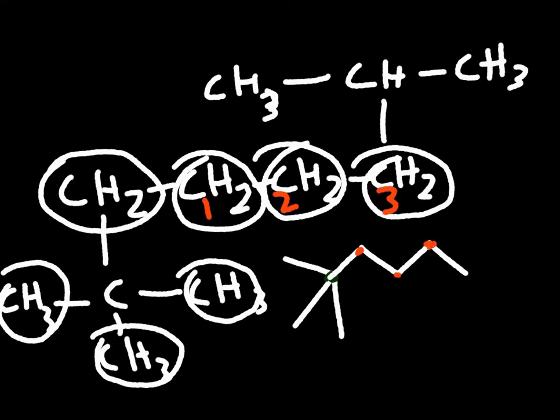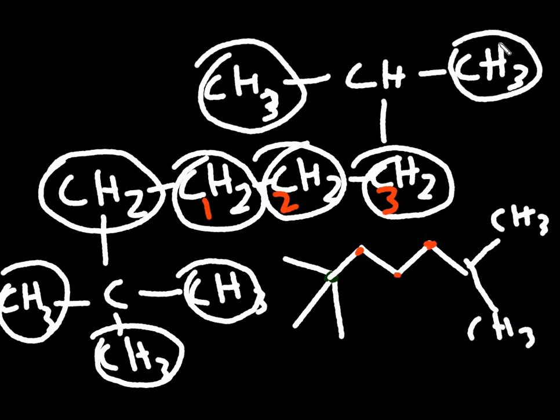Okay. And now, what else do we have here? We have this CH that's connected to 2 CH3s. So we just go boom, boom. And these are your CH3s here that account for these up here.